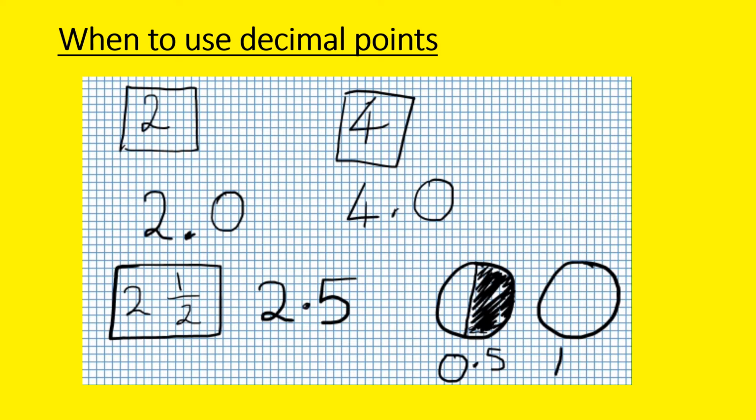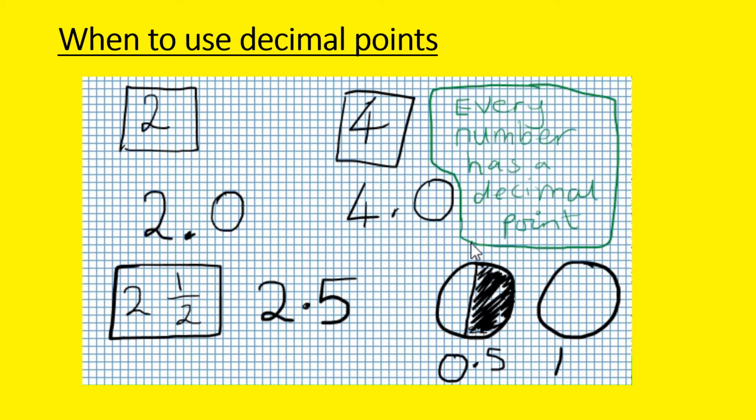We know that every number has a decimal. We just don't need to use it, not unless we know there is a number to put in after it.